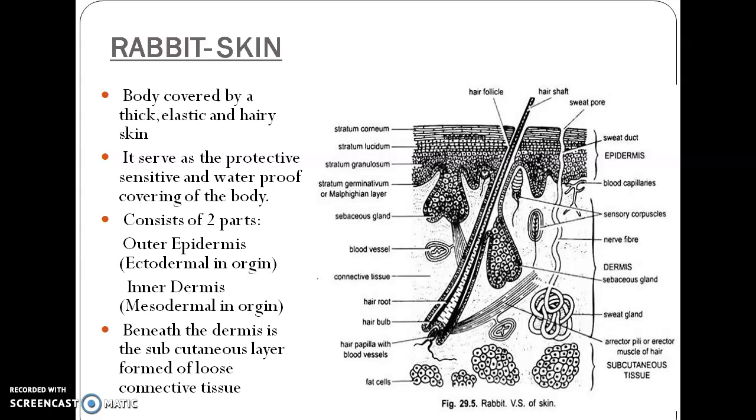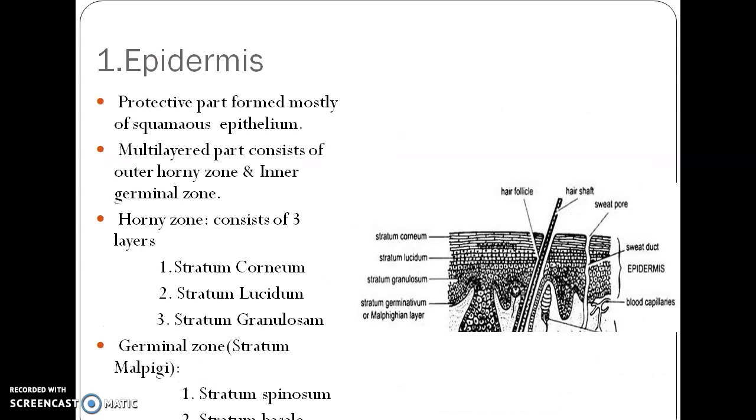Let's move to the detail of the epidermis, that is the outer layer. I told you that epidermis is the protective part which is formed mostly of squamous epithelium. So we can say that this is the part of epidermis, starting from this and extending up to this region.